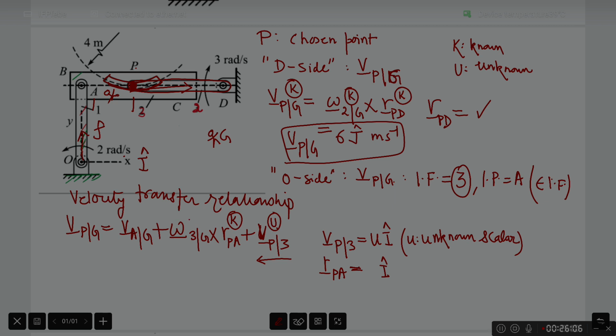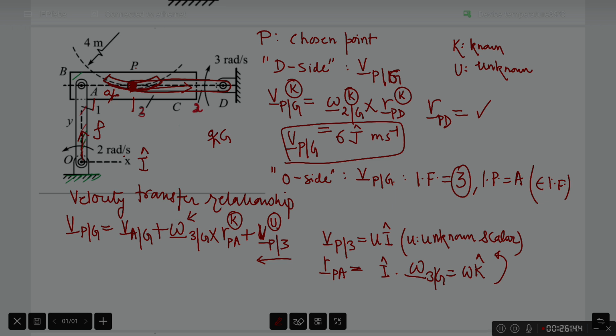We come to the next quantity, which is omega 3G, and we realize we don't know omega 3G. However, the problem being of planar motion, I can still write omega 3G as an unknown, which I am marking as just omega times k hat, with counterclockwise being the positive direction of an angular velocity.